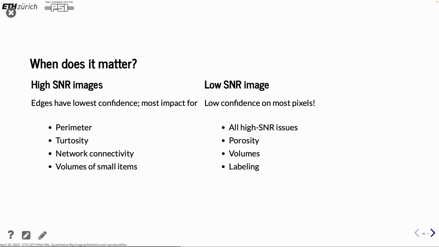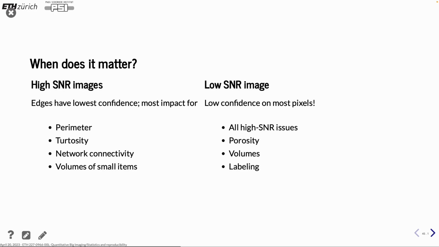And where does this matter? If you have low or high confidence, in high signal-to-noise ratio images, it has the most impact around the edges. So parameter measurements get more or less uncertain. If you want to compute the tortuosity, it can be relevant.